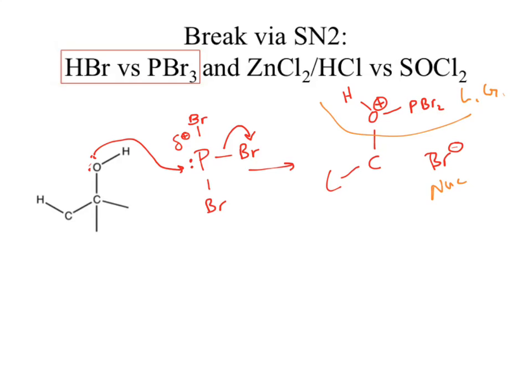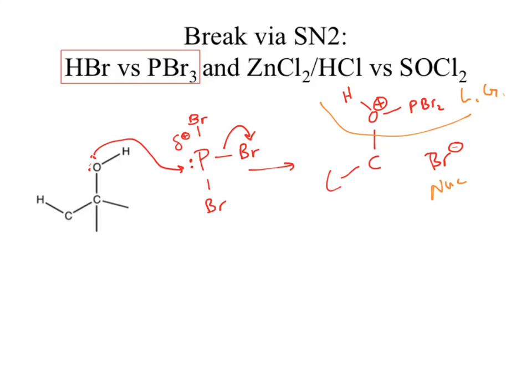One of the things that's nice about our phosphorus tribromide, how many bromides are on the phosphorus? 3, which means for 1 molecule of phosphorus tribromide, we can bring in 3 bromides. So we get a slightly larger reactivity or lower ratios, less chemicals need to get used in the case of the phosphorus tribromide, because each of those bromides can be used to substitute.